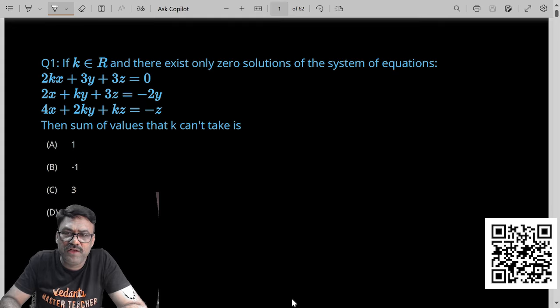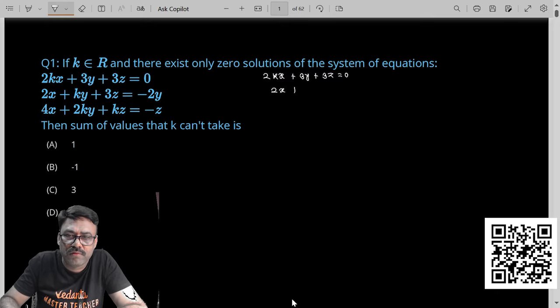So actually, if I rewrite this system, I can write it as 2kx plus 3y plus 3z equals 0. Then 2x plus k plus 2 y plus 3z equals 0. Then 4x plus 2ky plus k plus 1 z equals 0.